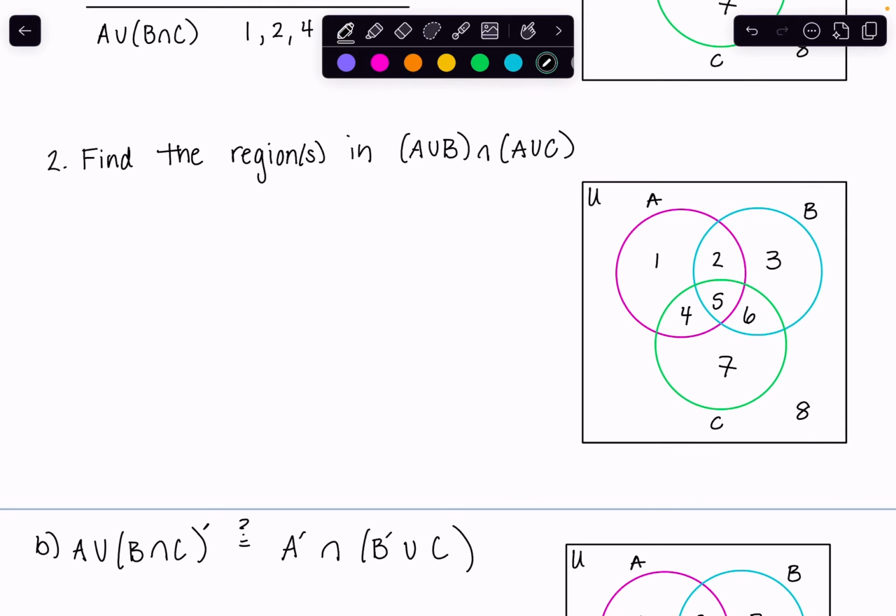All right, so we're going to do the same thing. We'll do it with a chart, but we'll also use the picture. So I always got to start in my parentheses.